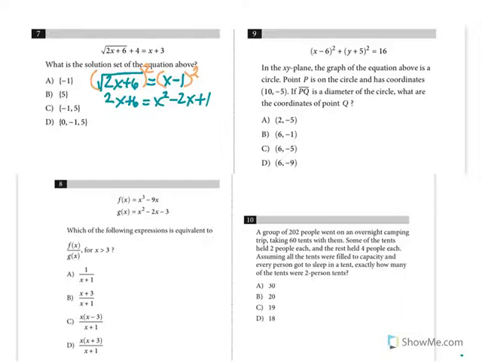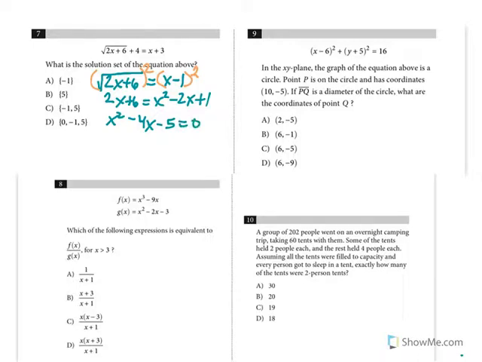And anytime we're talking about radicals, we need to have all of our variables on one side, have it set equal to 0. So what we're going to have here is going to be x squared minus 2x, so minus 4x, plus 1 minus 6, so minus 5, equals 0.